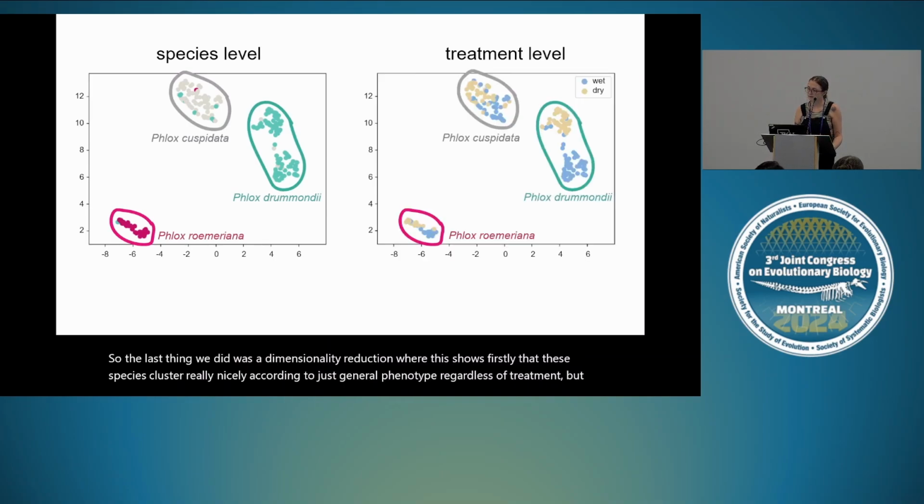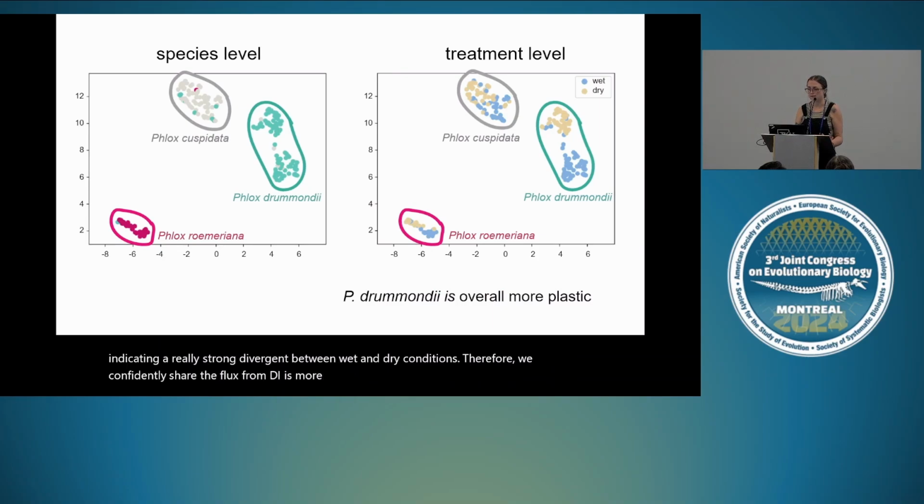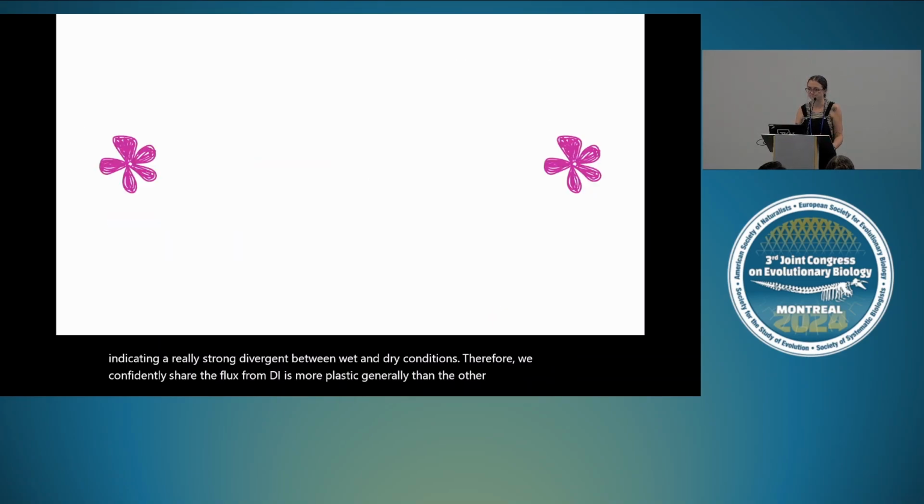But when you delineate these points by wet and dry treatment, you see that while each species seems to be split pretty evenly, Phlox drummondii's individuals in wet and dry conditions form 2 very disparate clusters, indicating a really strong divergence between wet and dry conditions. Therefore, we confidently share that Phlox drummondii is more plastic generally than the other annual phloxes.